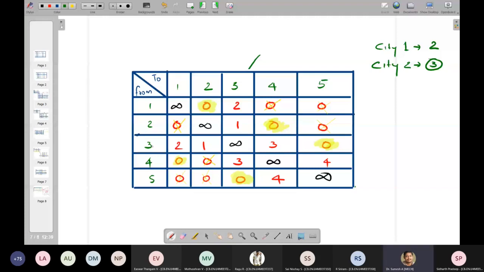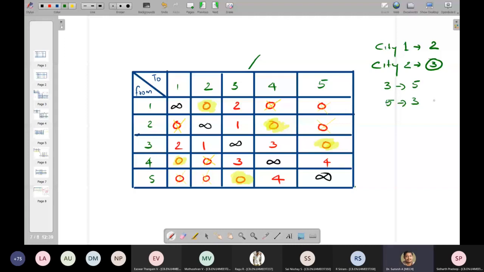He can move forward, but if we see the next condition, city 5, the lowest in city 5 is city 3. So he has to come back from city 5 to 3, which again violates. So how to tackle this?